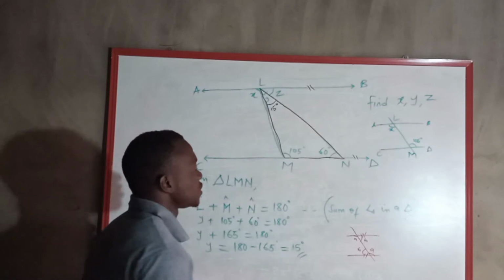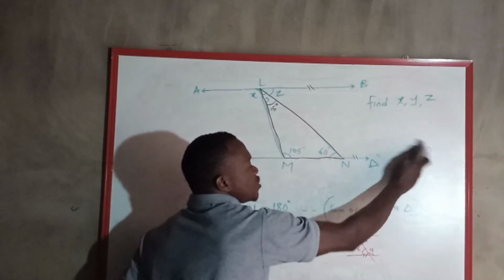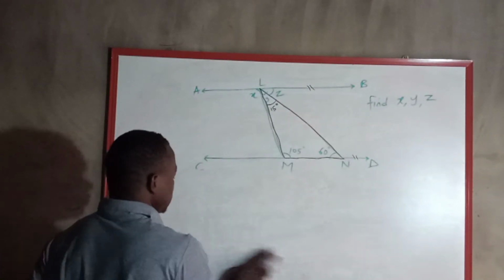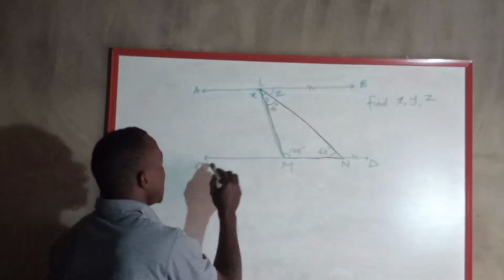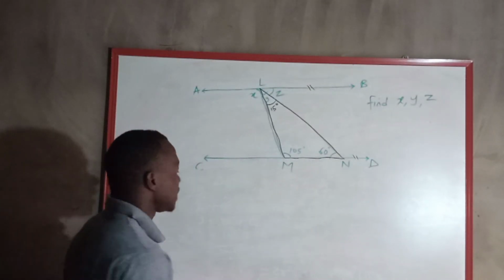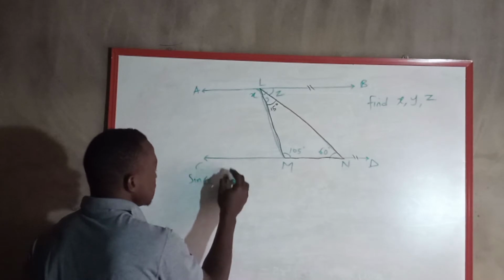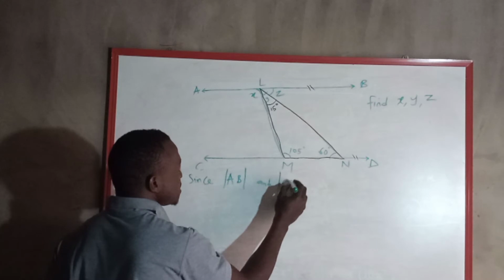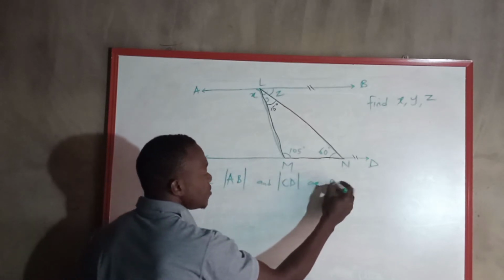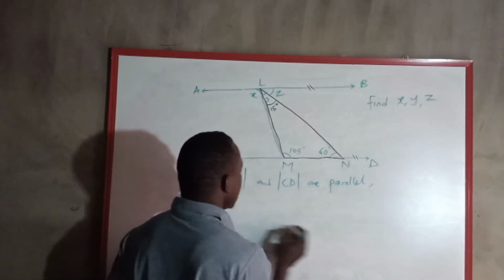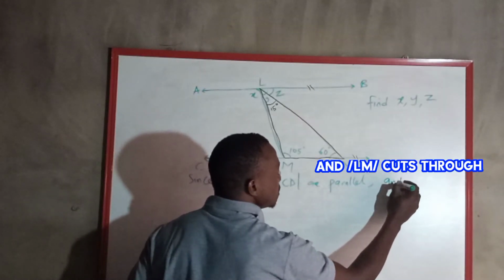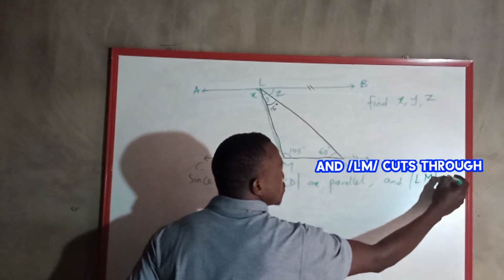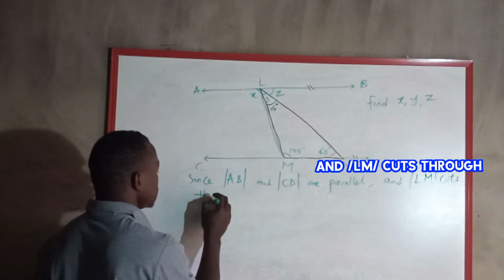But we have to show our workings. The next is we say that since line AB and line CD are parallel lines, and line LM cuts through, therefore angle ALM.